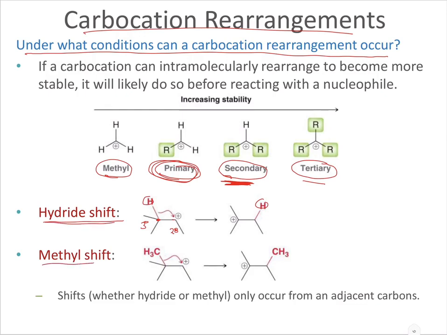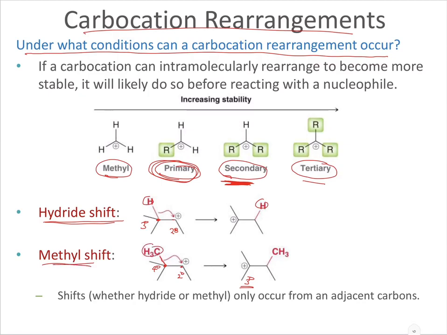If there's no hydrogen, so like in this case we have a methyl group, there's no hydrogen, but this secondary position is not stable, so then we need to transform this quaternary position to tertiary, because the tertiary carbocation is going to be more stable. Okay, so we are going to do what is called a methyl shift.